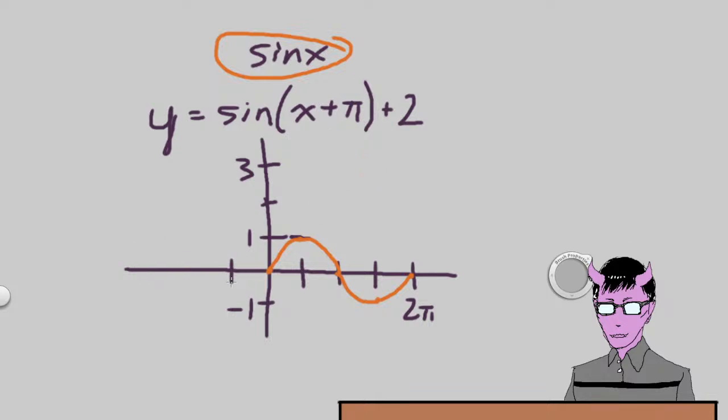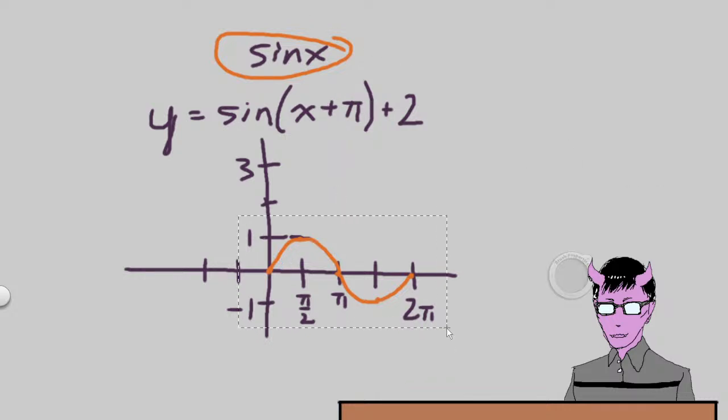I'm just going to put 2 hash marks because we have a shift of pi, and by this particular scaling, since each hash mark represents pi over 2, then 2 hash marks represents a shift of pi. So this tells us to move over 2 hash mark spaces.